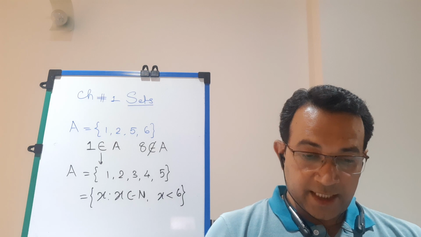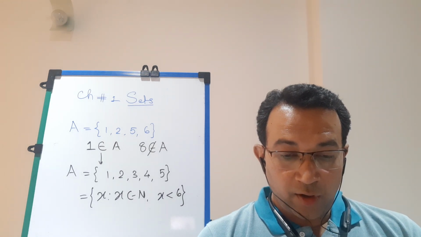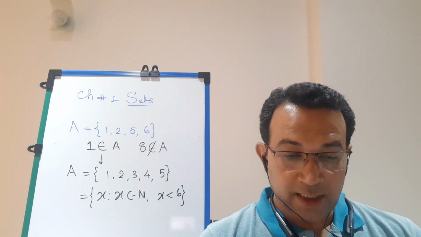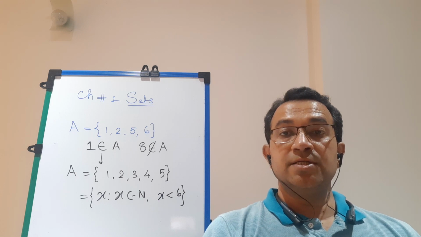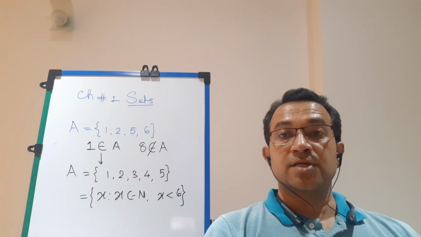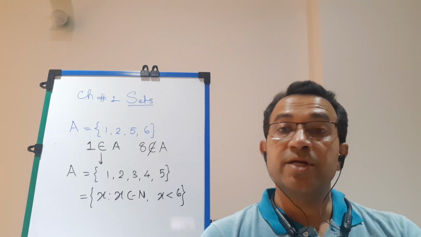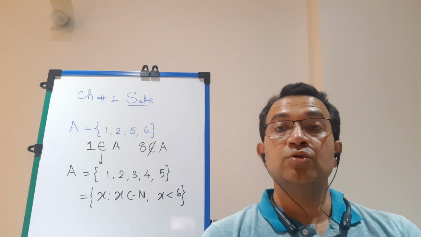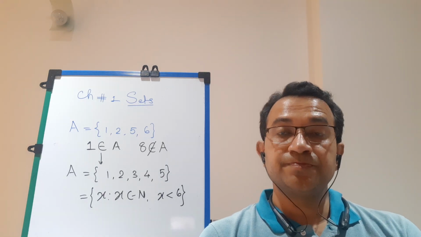Then students, next is the collection of all even integers. Now I told you integers can be negative also, integers can be positive also, including 0. So even integers are predetermined. For example, positive even integers are 2, 4, 6, 8 and onwards.